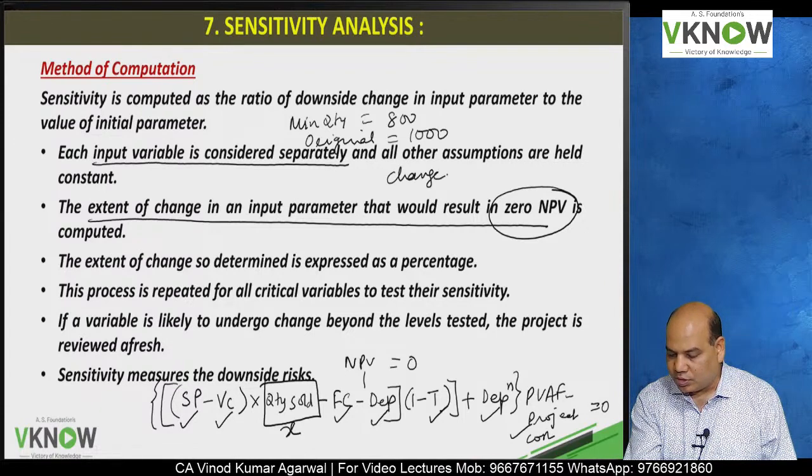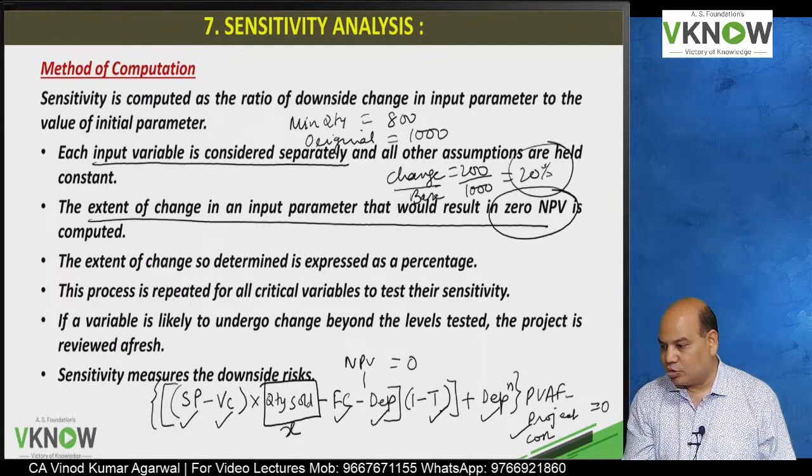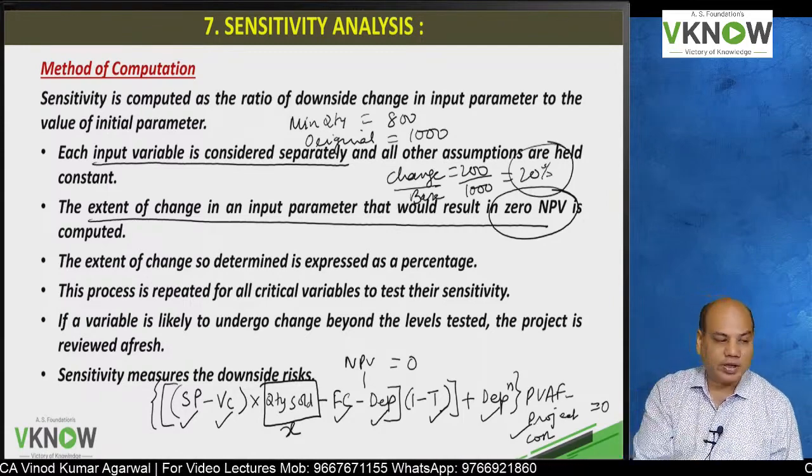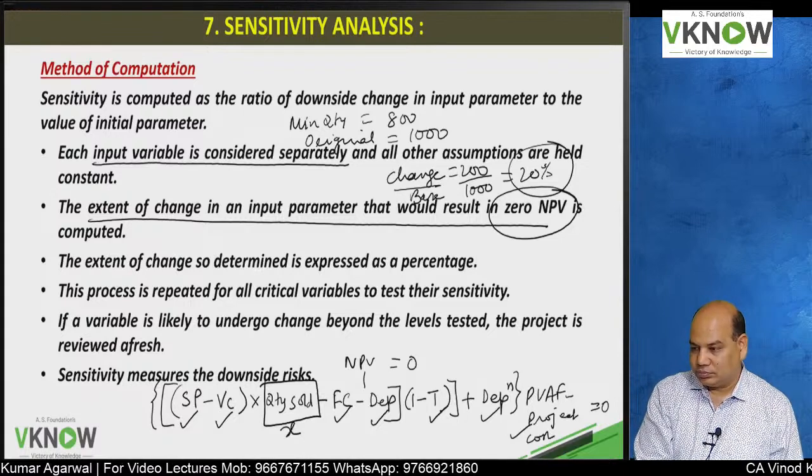So change is 200. Change divided by base, 200 divided by 1000, 20%. So 20% is my sensitivity.